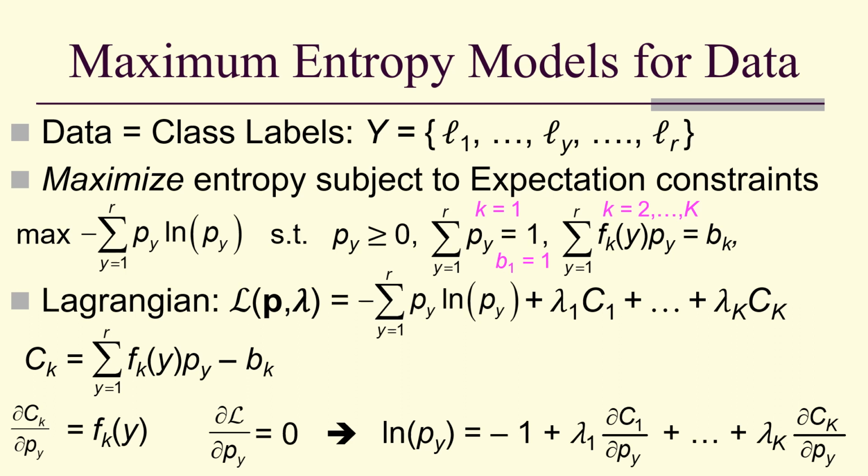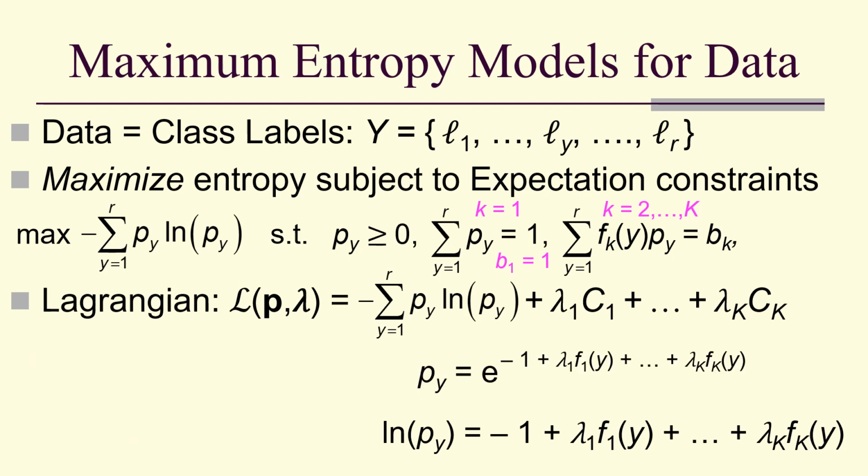The derivative is 0 with respect to P sub y if the natural log of P sub y is negative 1 plus lambda 1, this linear combination. But we know what those are. Those are these function values. So I can exponentiate and get P sub y is e to the negative 1 plus this linear combination over the lambda sub k's. And that's going to give me some constant. And I'm going to write the constant as z inverse.